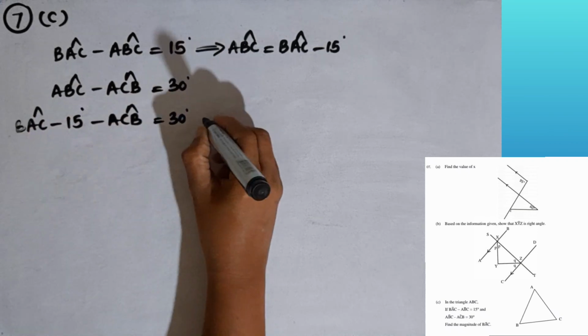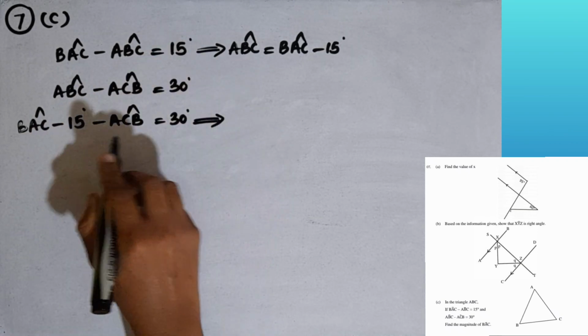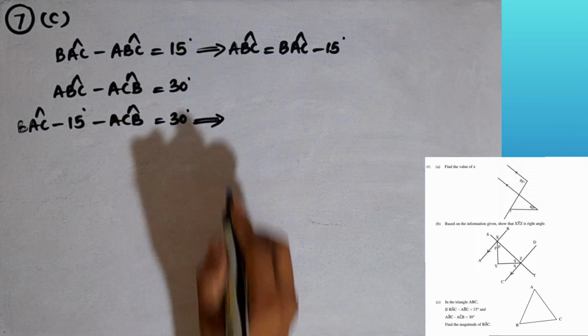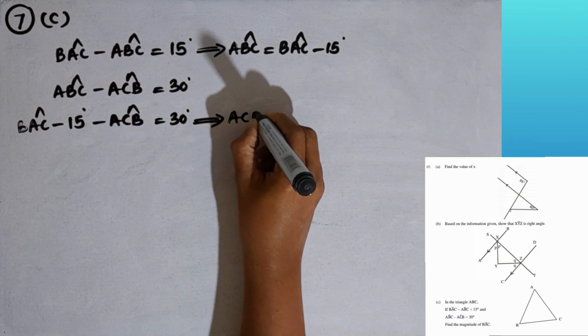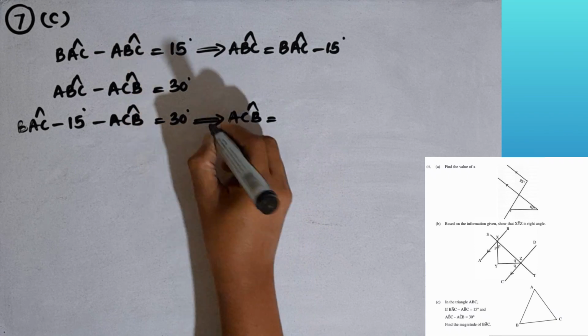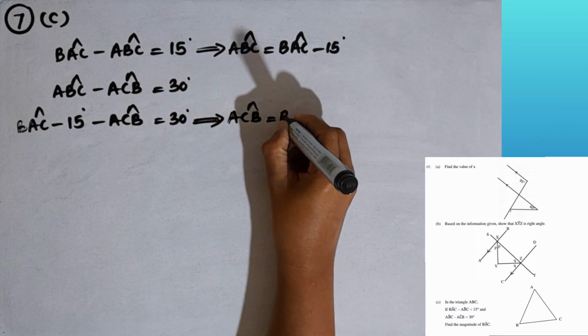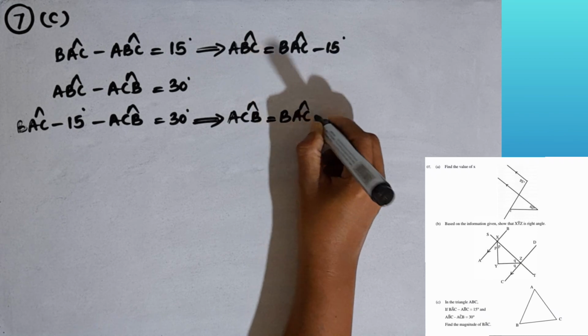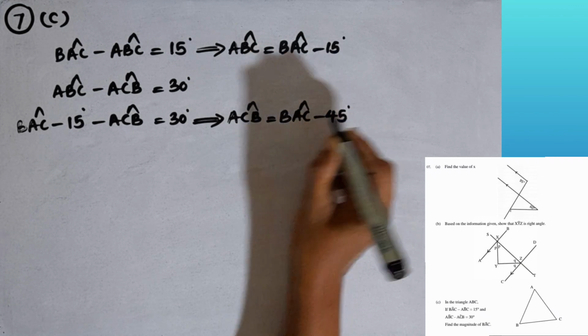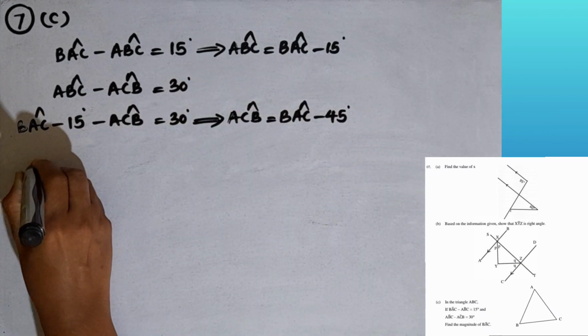Then in this one I can take the value of ACB. ACB angle equal to BAC minus 45 degrees.